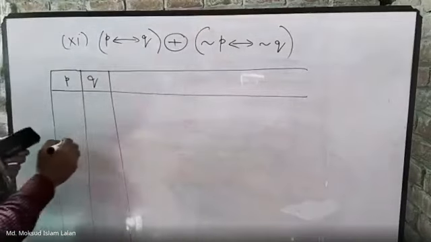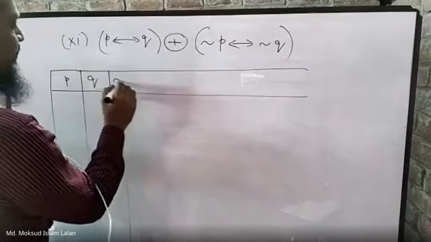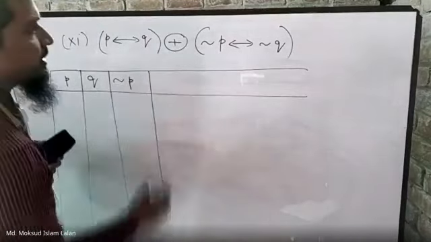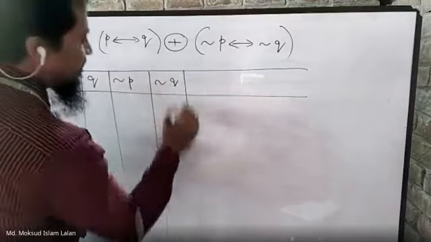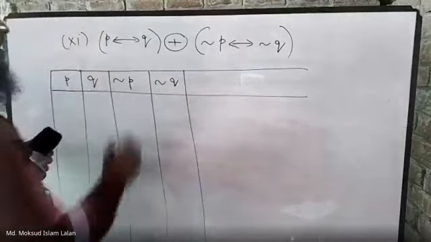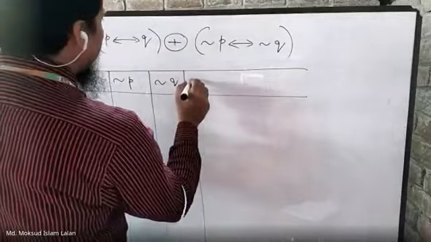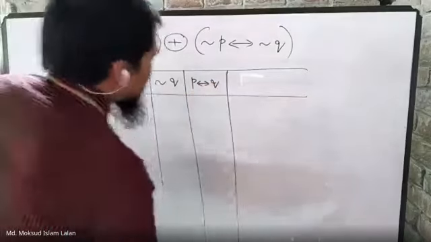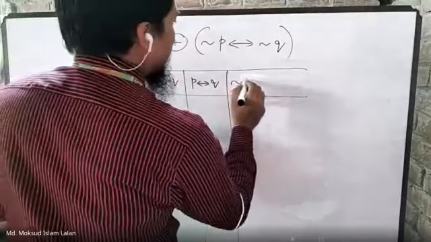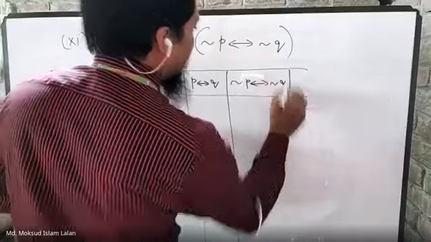So P, Q, then negation of P, we have to draw another column. Negation of Q, we have to draw another column. Then P biconditional Q, we have to draw another. Negation of P biconditional negation of Q, we have to draw.